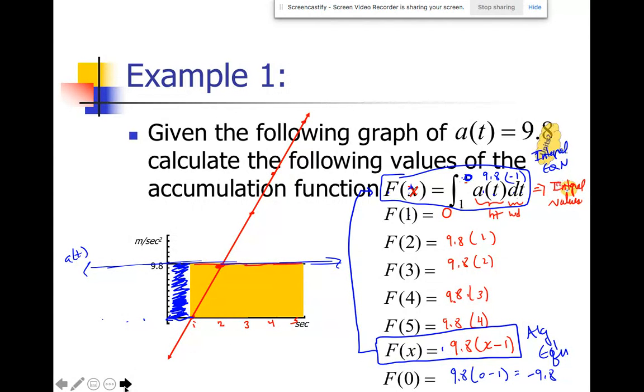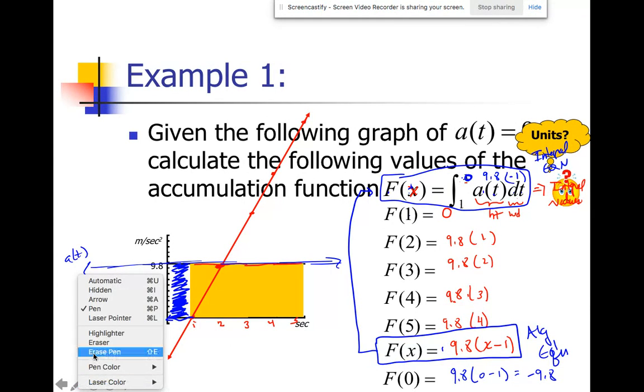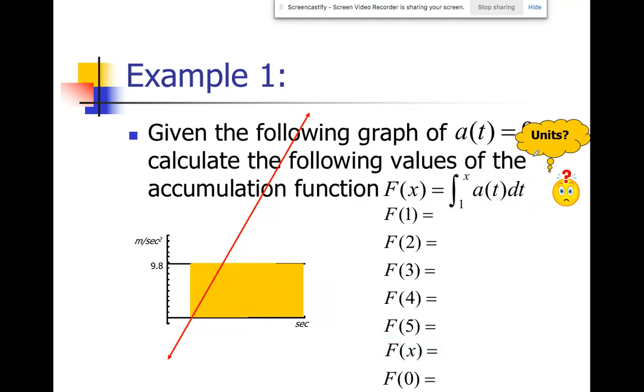That's nuts. Now, I want you to think about the units that we're dealing with. A of t units are what? I told you to make note of the units. Meters per second squared. What are the units on your width? The integral values.